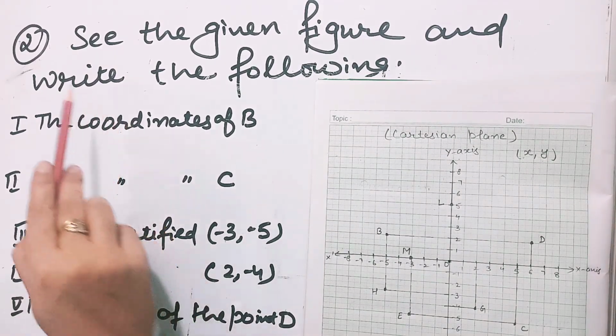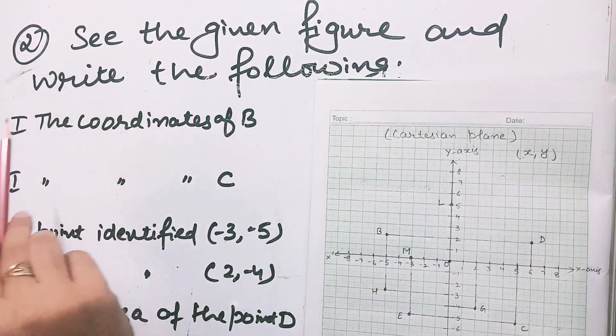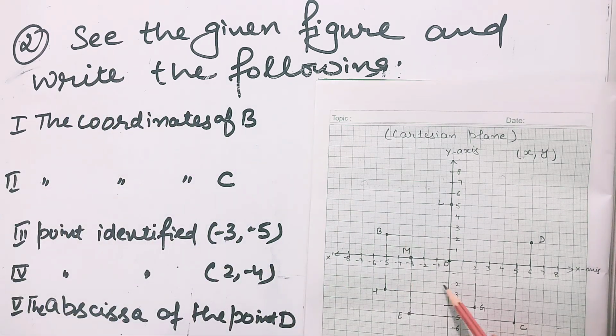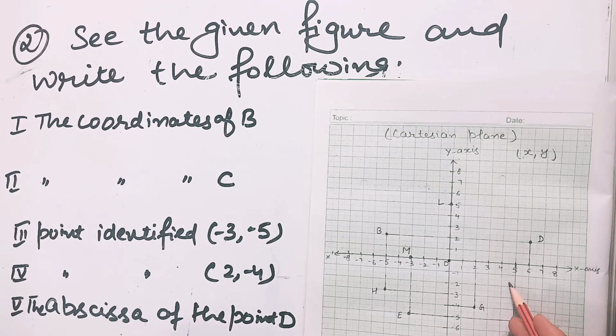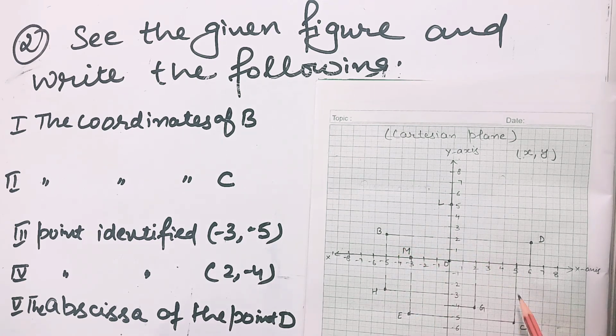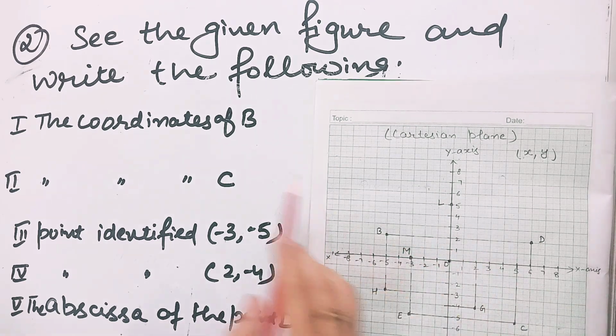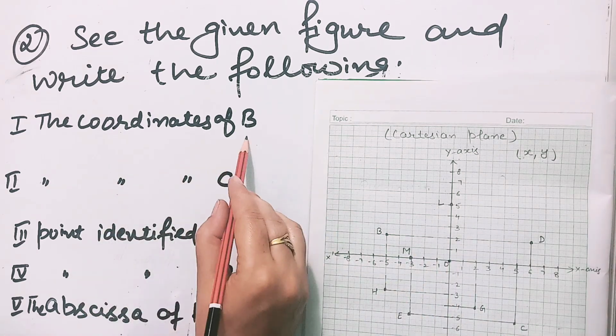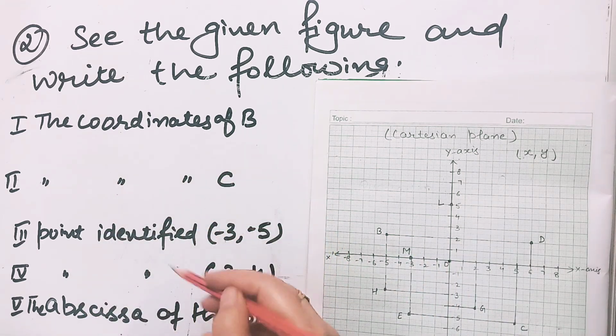The second question of this exercise is: see the given figure and write the following. This figure is given in your book and is already drawn. So from this figure you have to recognize the points B, C, and so on, and write the answers.